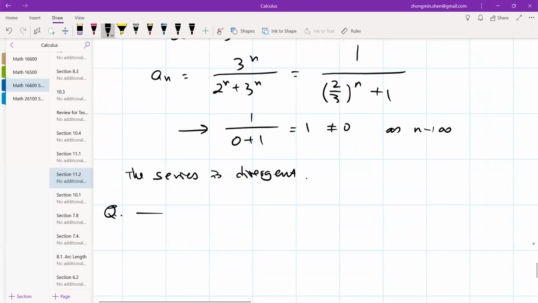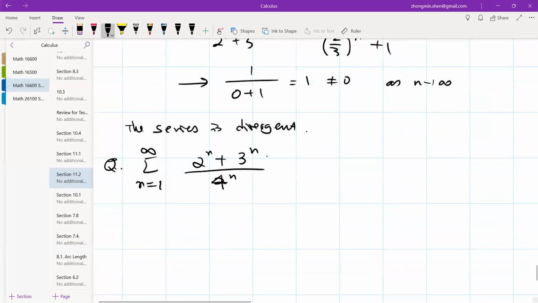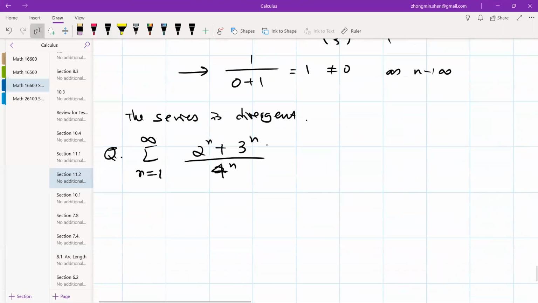How about this? Now, in order to solve this problem, we have to mention the theorem.